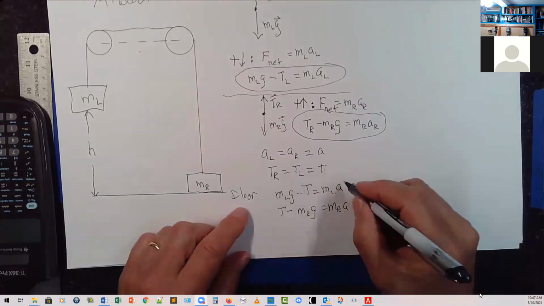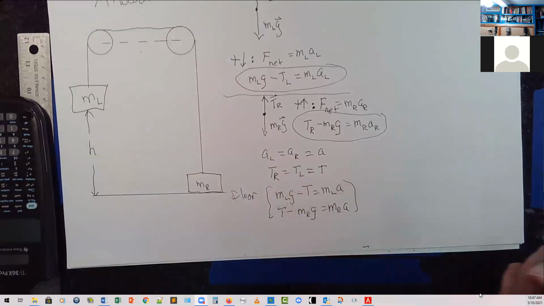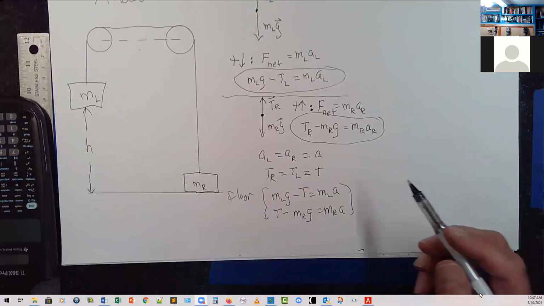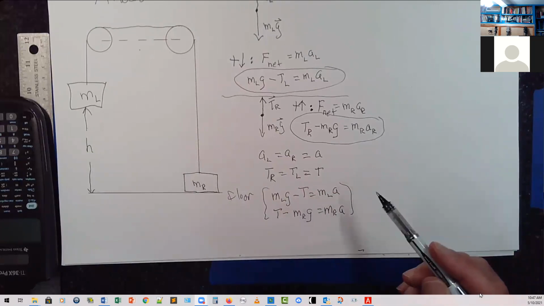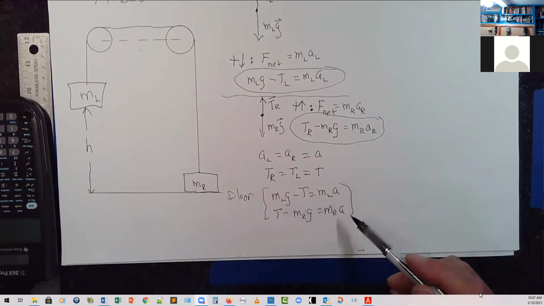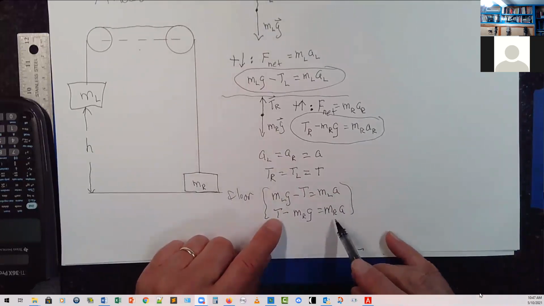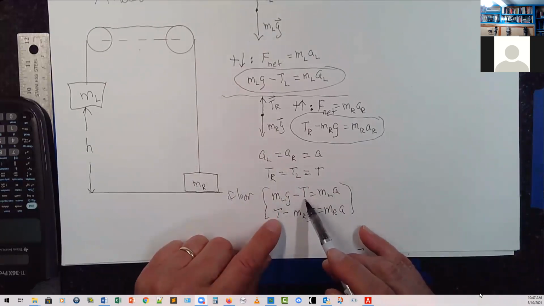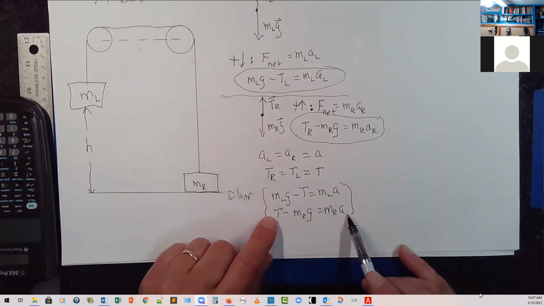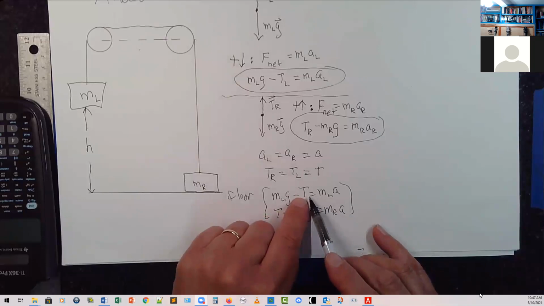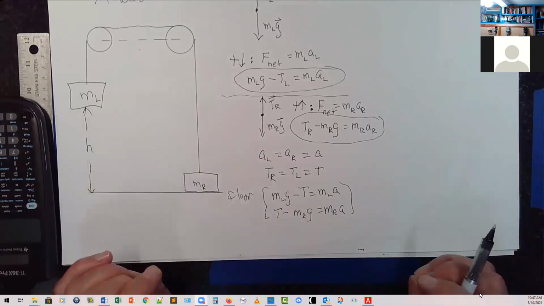Okay, this is what's called a system of equations. And we have two equations that are kind of linked together. And the unknowns in these equations are a and T. There are lots of fancy mathematical ways to solve equations like this, but one of them is just substitution. I don't care what T happens to be. So if I solve one of the equations for that, and I'm going to solve the bottom equation, and then substitute that stuff in for T, then T will be gone from the equations, and all I'll have left for an unknown is a.